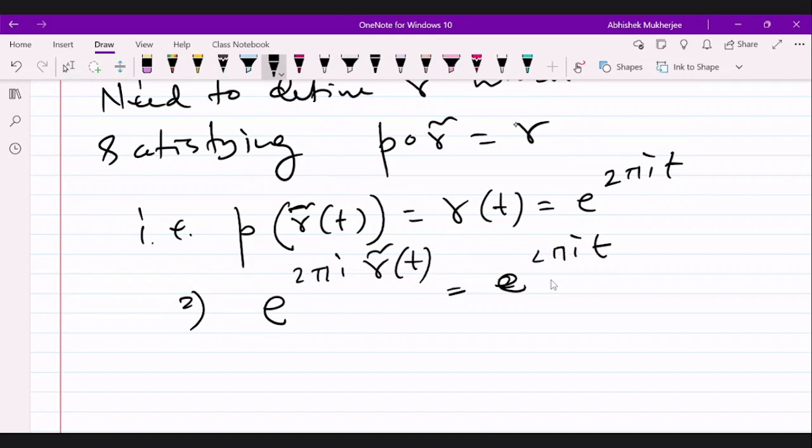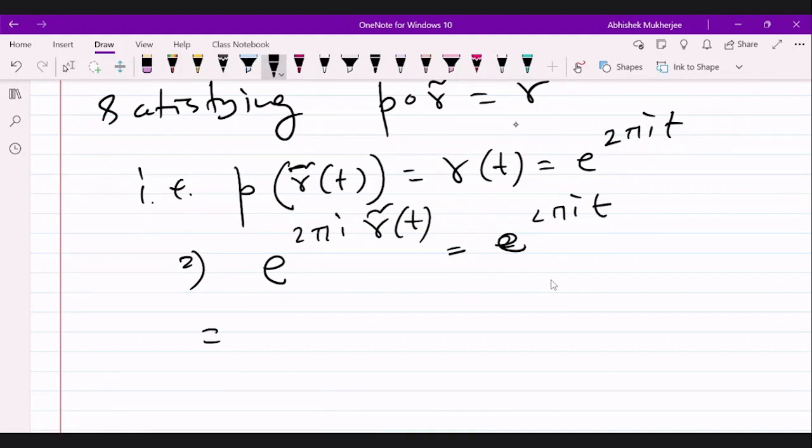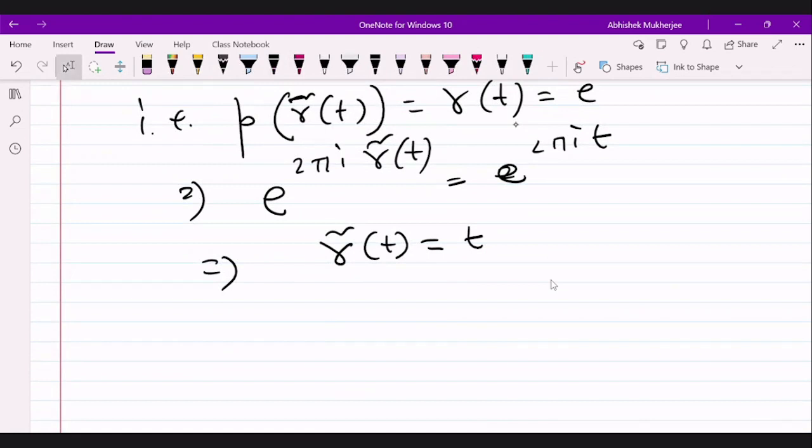Then what will be the path here? This is the identity map, right? Now you can do the job using this observation for any given path in S1.